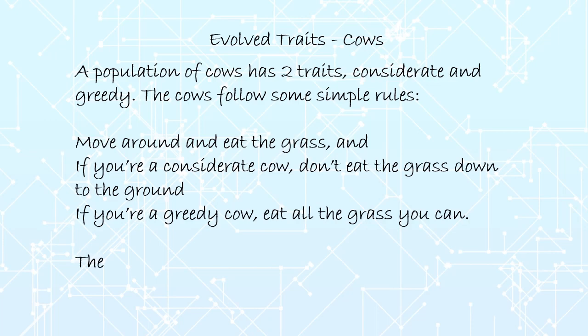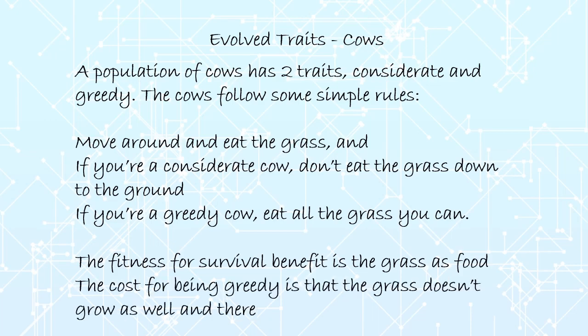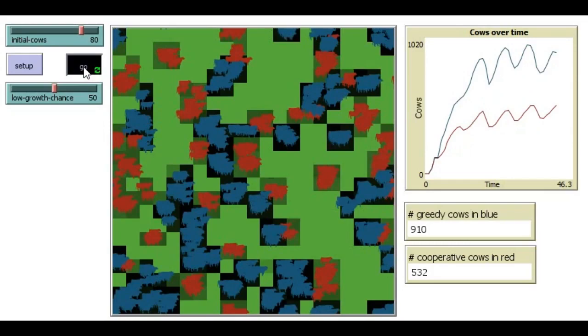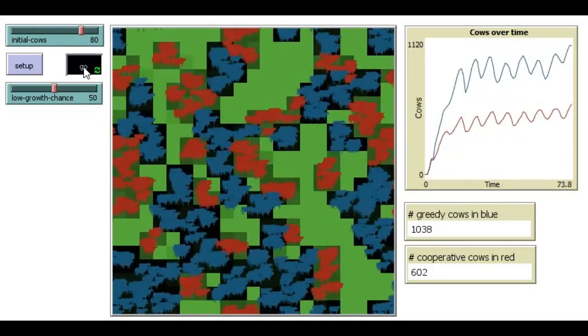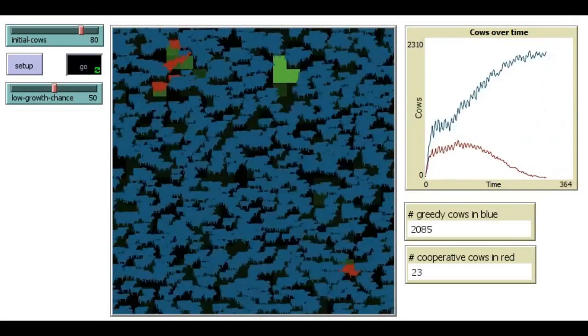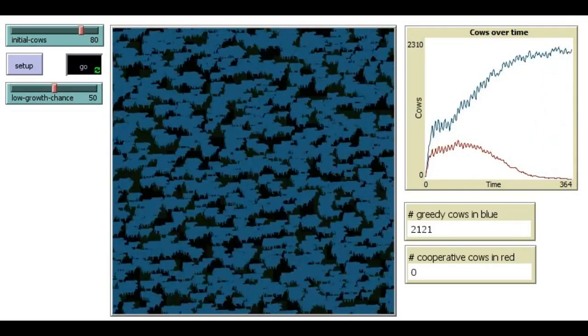The fitness for survival benefit is the grass as food. The cost for being greedy is that the grass doesn't grow as well and there is less to eat. If the benefit of being greedy and eating more grass is more than the impact on grass regrowth, the cost is less than the benefit, and the outcome is a population of greedy cows.